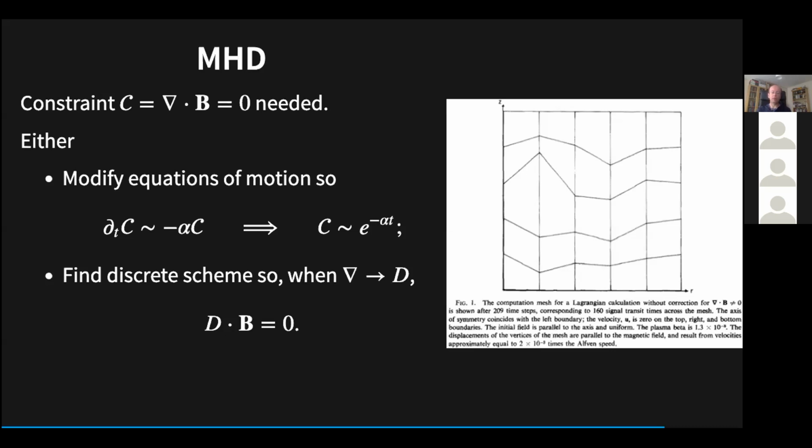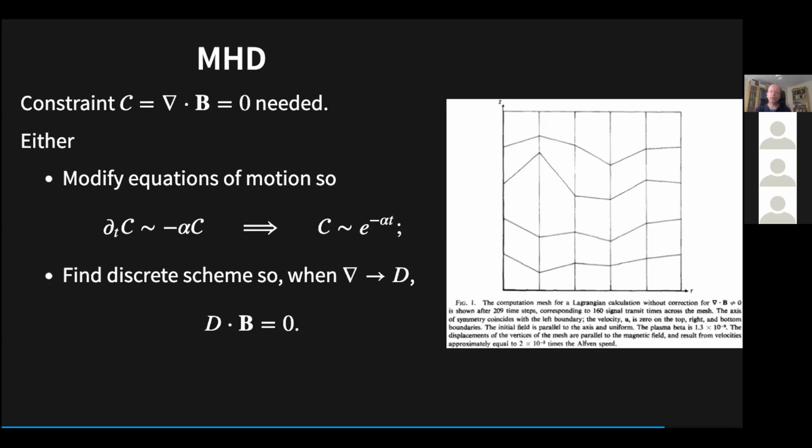That's because MHD is written in flux conservative form, so every single technique will work forward. The problem that we have is that one of the constraints, specifically the no monopole constraint that the divergence of B has to vanish, causes significant problems.